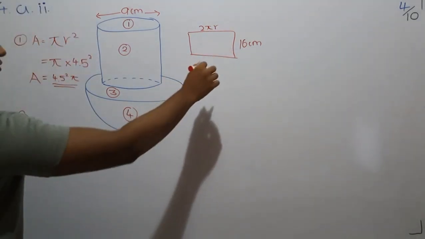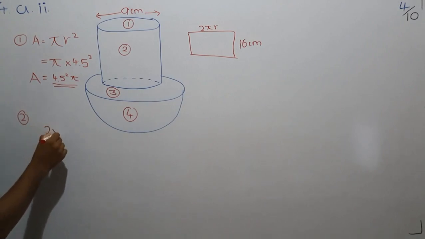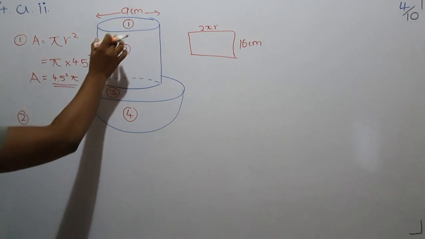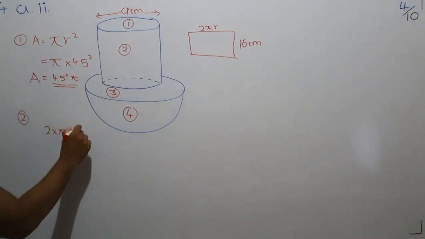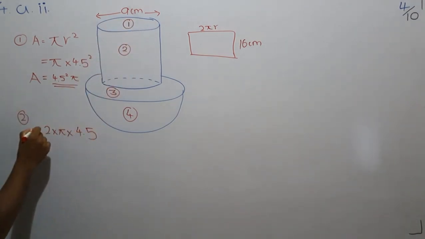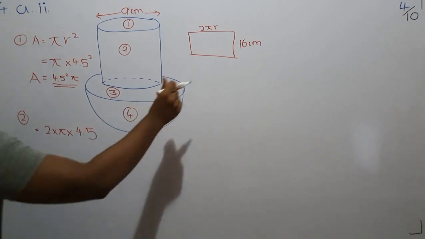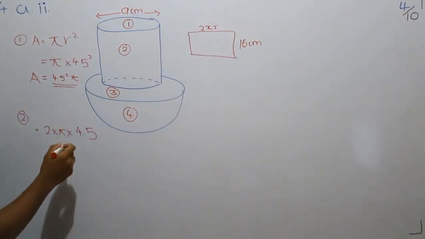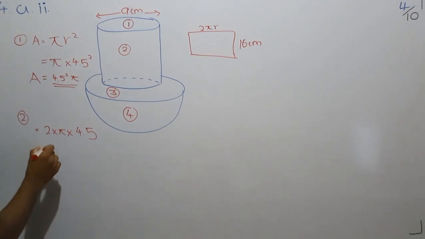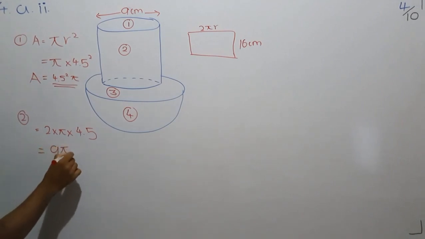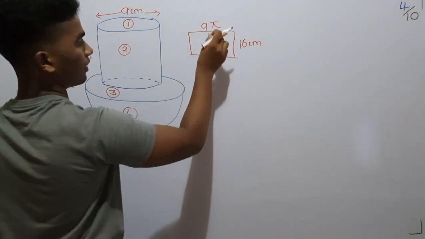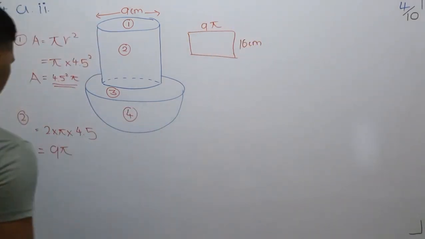So 2 into pi into r, which is 4.5. And so we calculated the circumference. This is 9 pi. So 9 pi into 16.